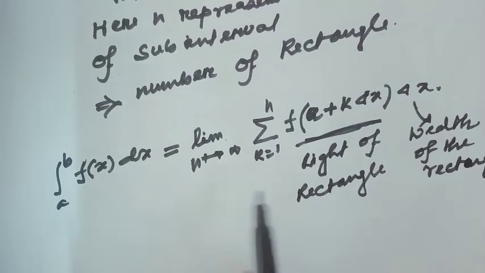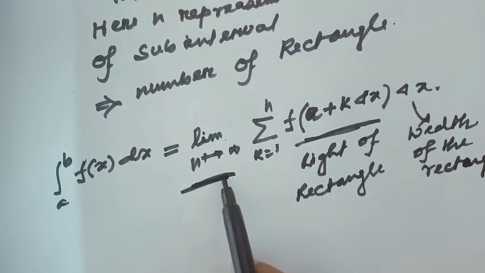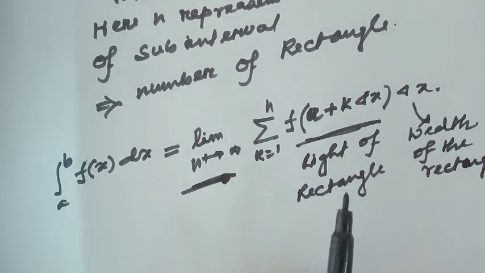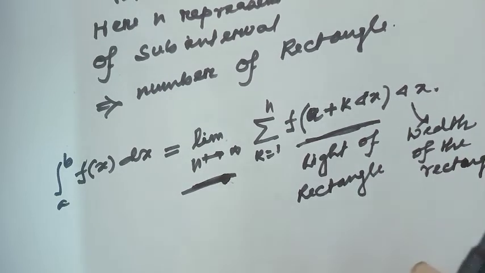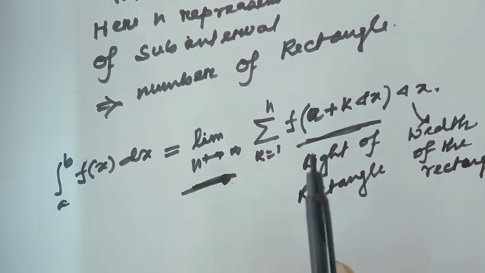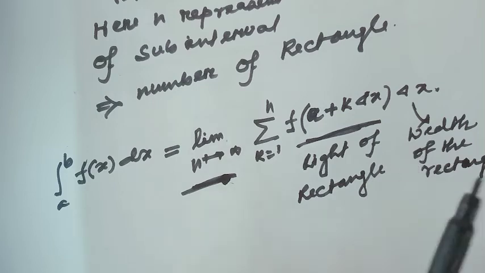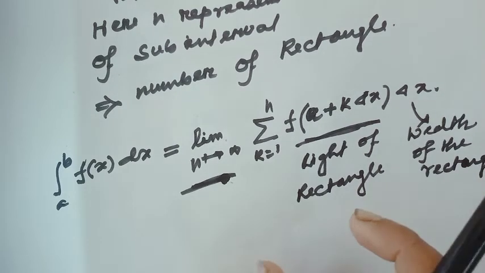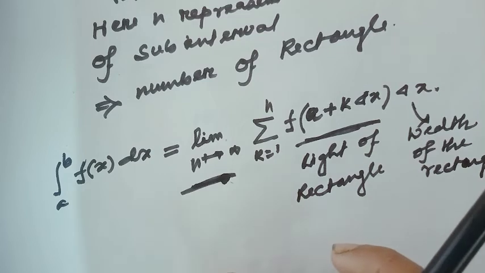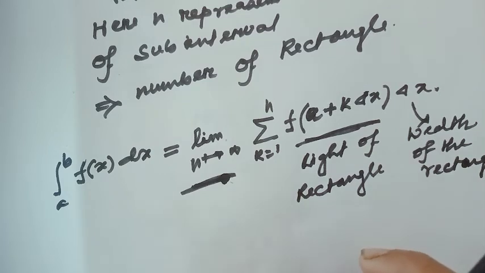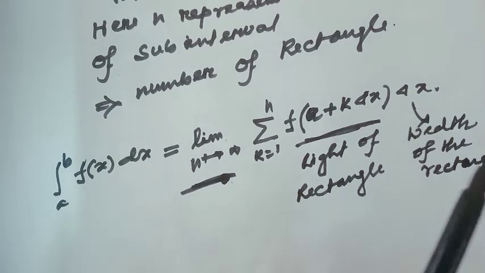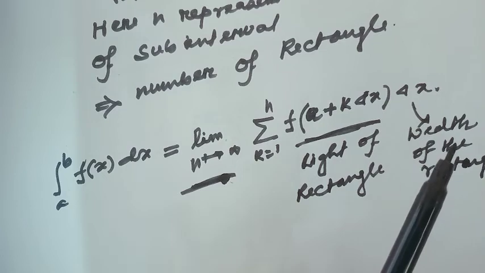and the concept here is that I have taken the limit because when I get more and more rectangles, then I get a better approximation. When I get more and more rectangles, the values of the Riemann upper sum and lower sum will be the same, because these rectangles are smaller and smaller.